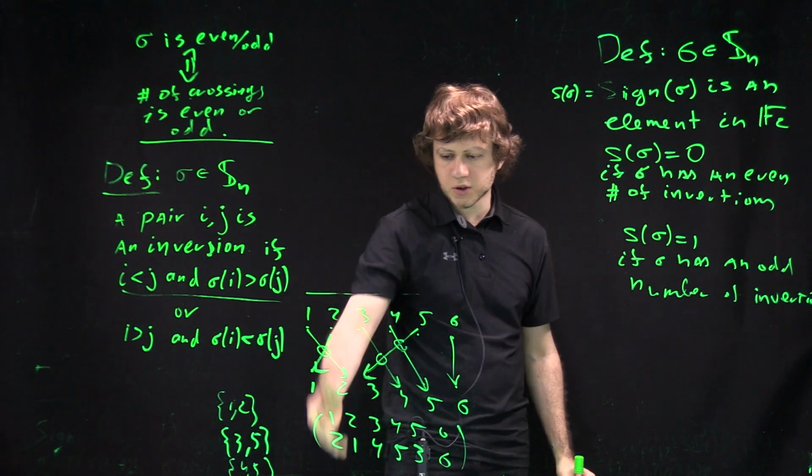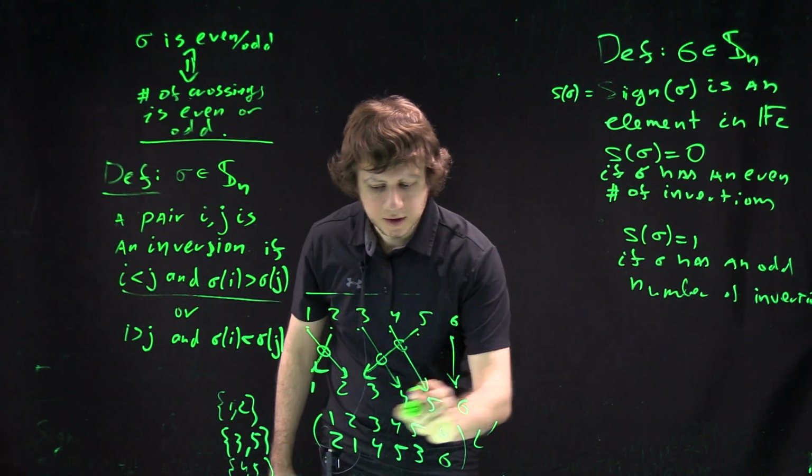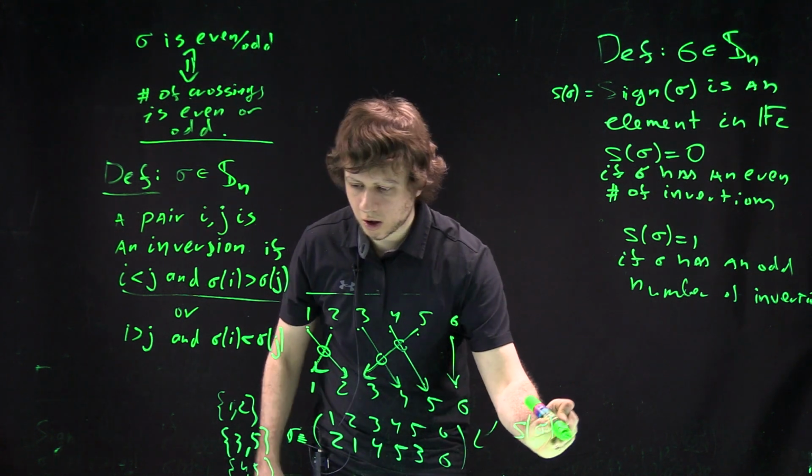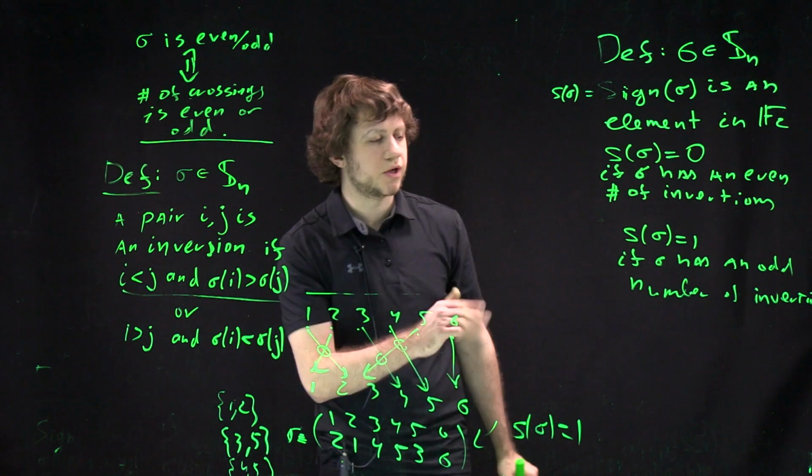So for instance, for this one, if this is sigma, then sine of sigma is equal to 1. And this is because it has 3 inversions.